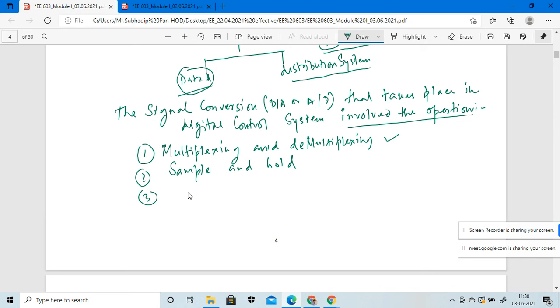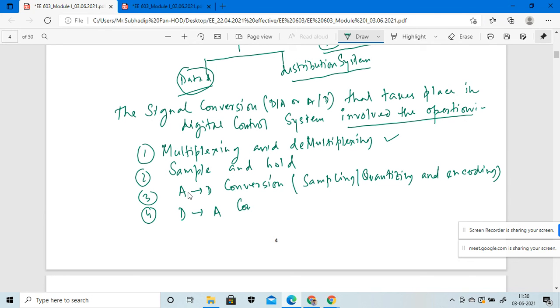The third operation is the A to D conversion, which is also known as sampling, quantizing and encoding. And the fourth operation is the digital to analog conversion, which is known as decoding.